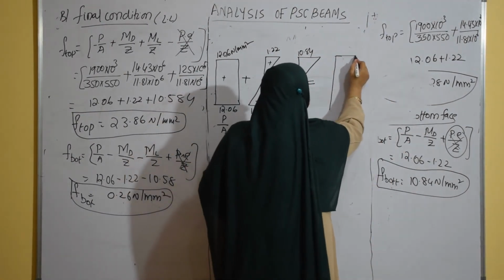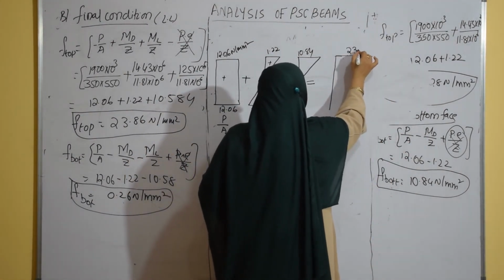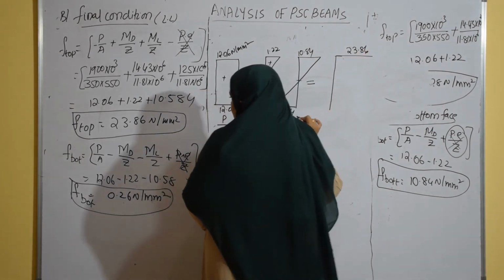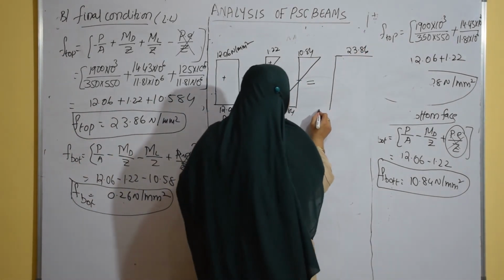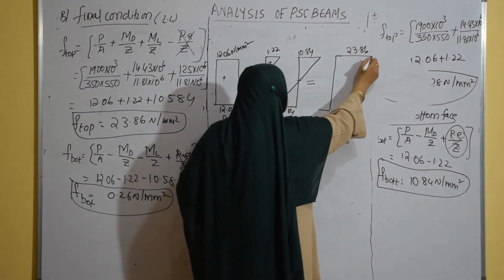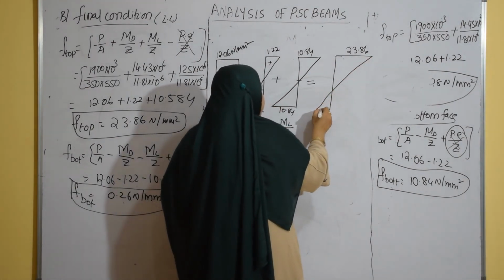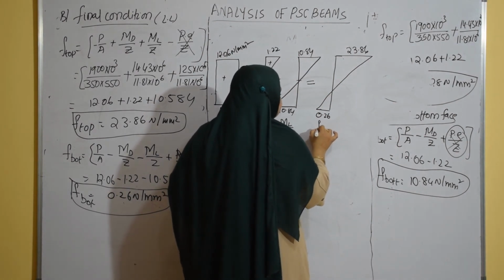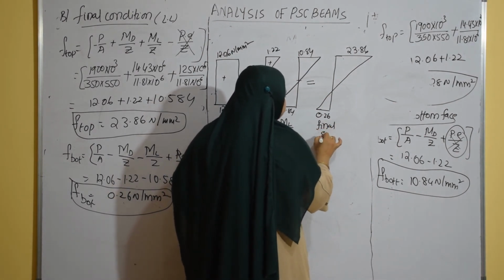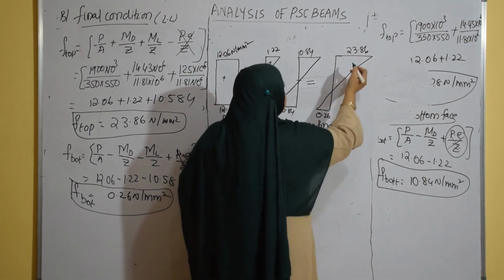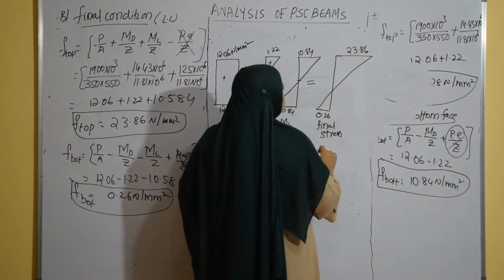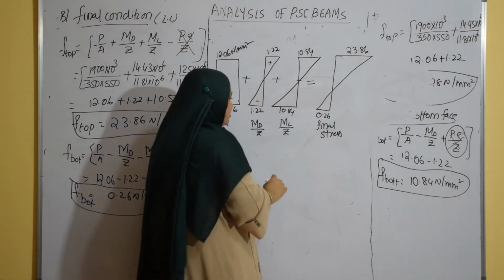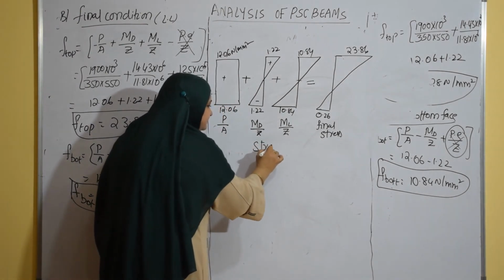So it will be quite big, 23.86. Final stress which is positive and below it is 0.26. Like this. This is 0.26. Okay? This is final stress at bottom. Okay? This is at top. Fine? So this is how we draw the stress diagram.